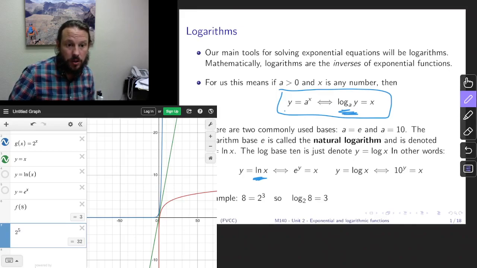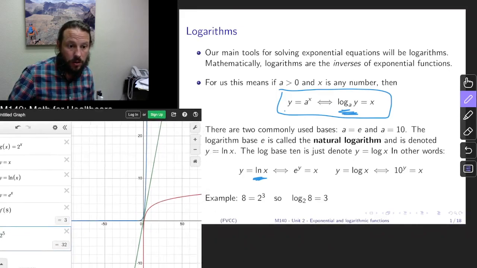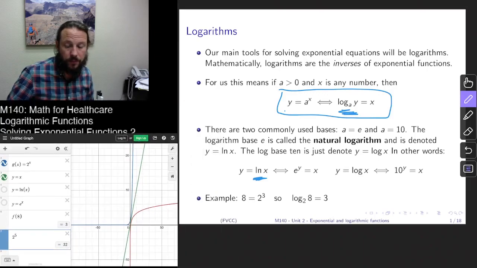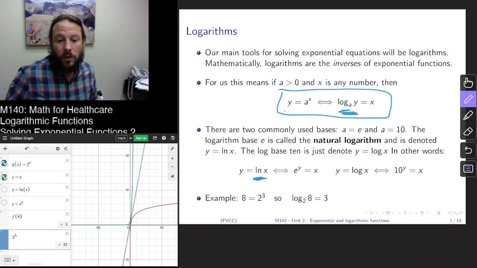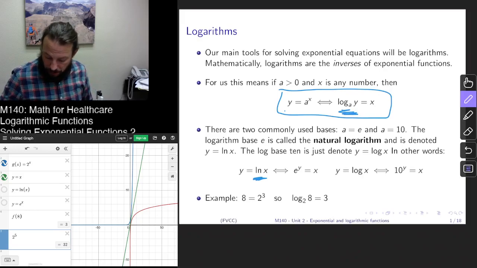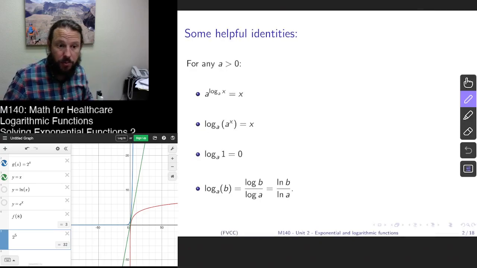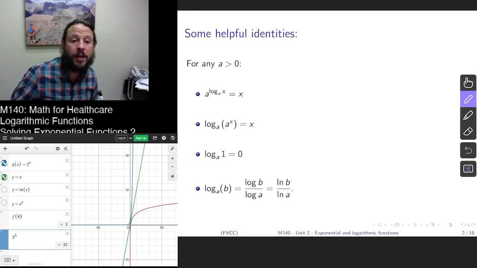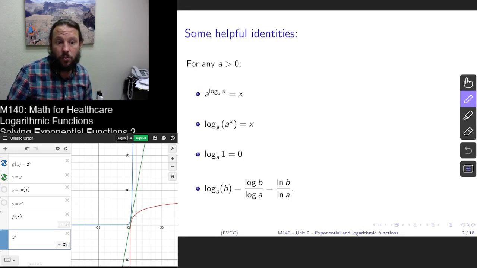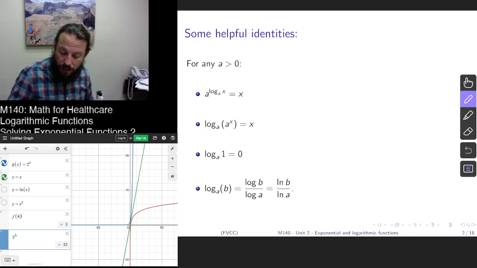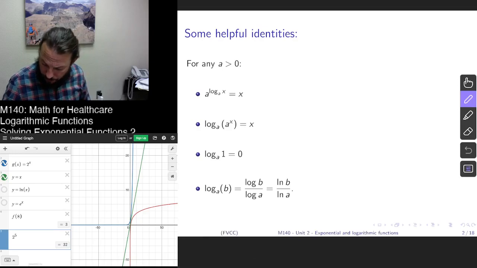So let's see what that means for us. A couple things. The identities here help us out. Log base a raised to... a to the log base a of x is x. Why? Because log base a of x is, what do I raise a to to get x? Well, I'm going to end up raising a to that.